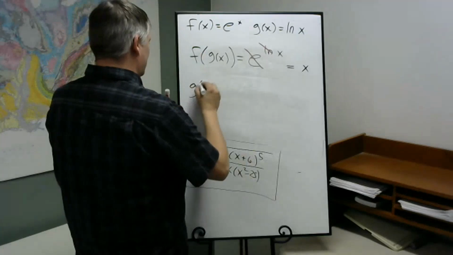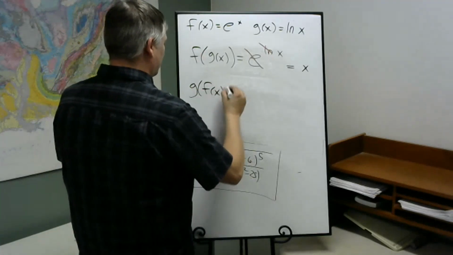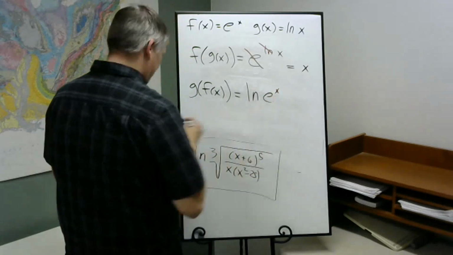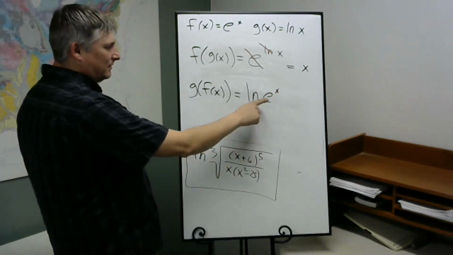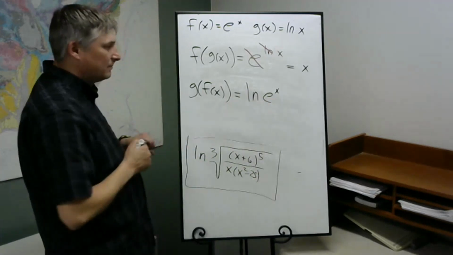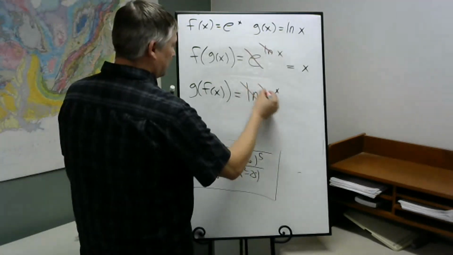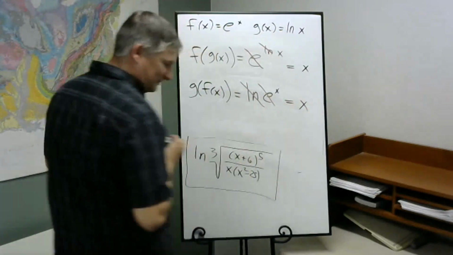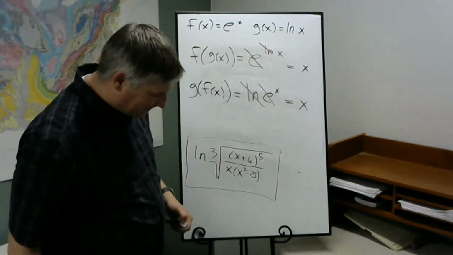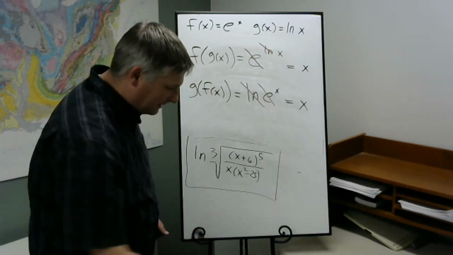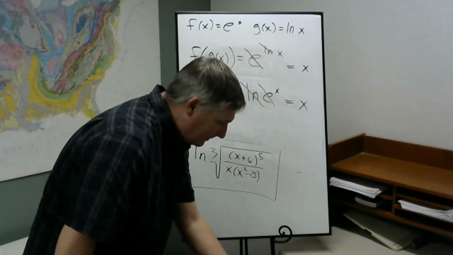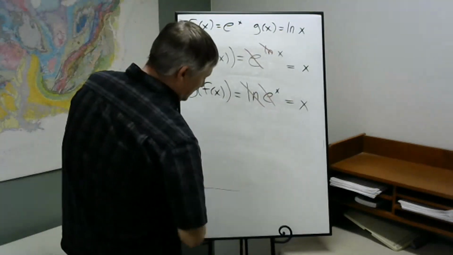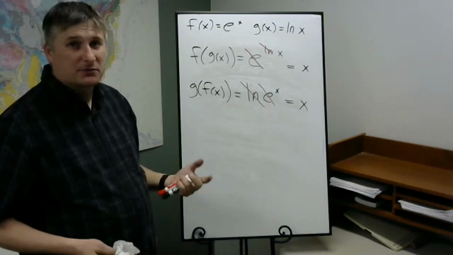Likewise, g of f of x, the natural log of e to the x, log base e, exponent base e, they cancel out, and we get x. So let me do an example of this. All this is, again, these are both inverse functions of each other.